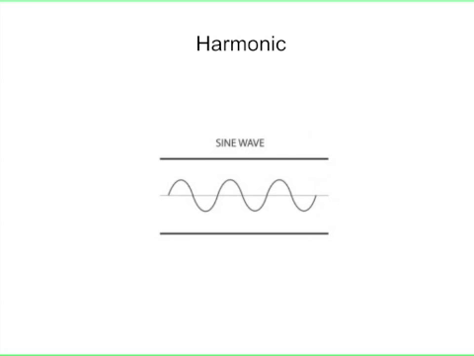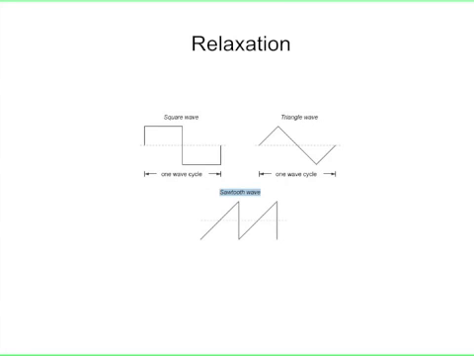A harmonic oscillator produces a sine wave. We learned in last week's webinar that there are some fundamental types of sound waves, and sine waves are waves that are generated by acoustic instruments. And with the harmonic oscillator, the sine waves generated are those which are essentially harmonious.